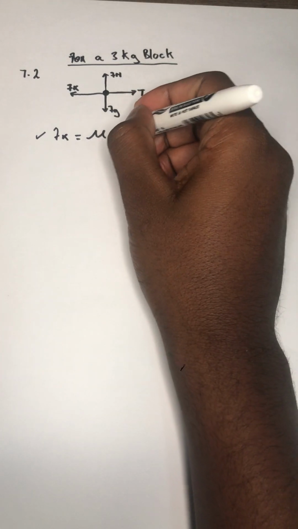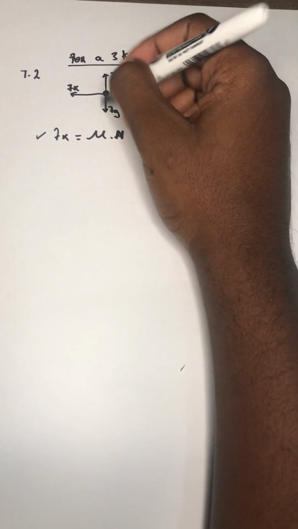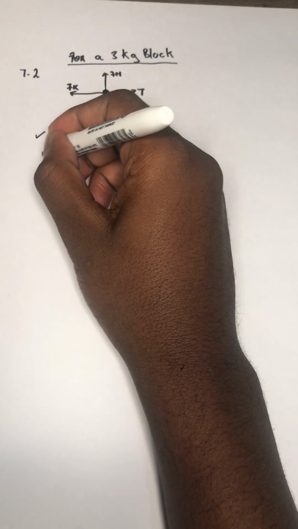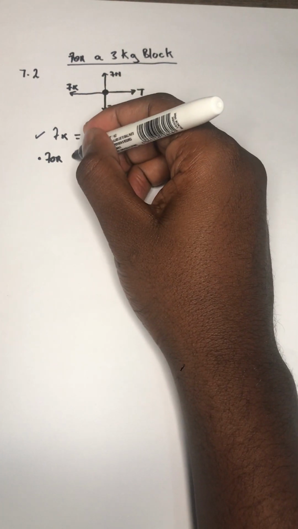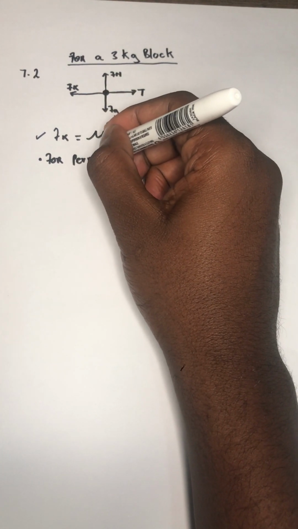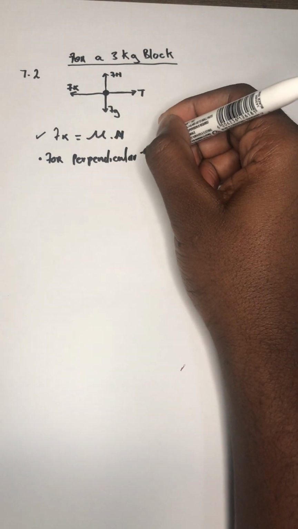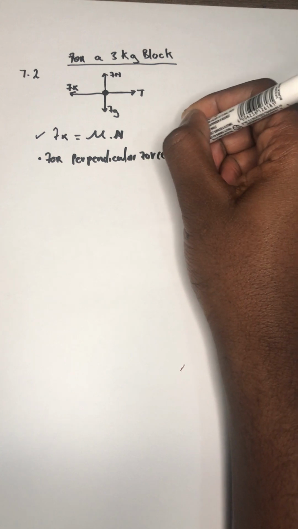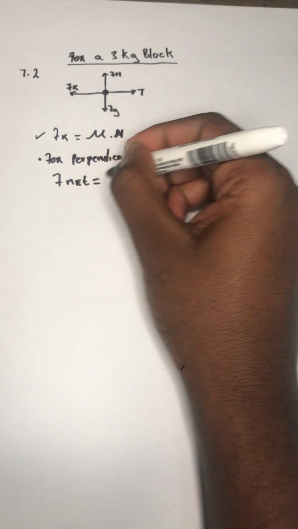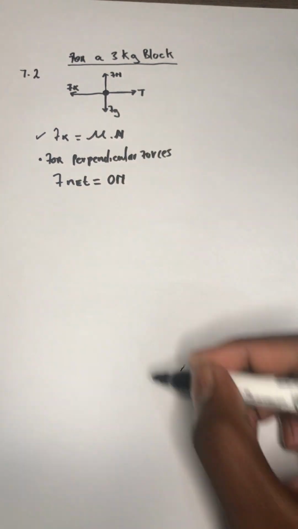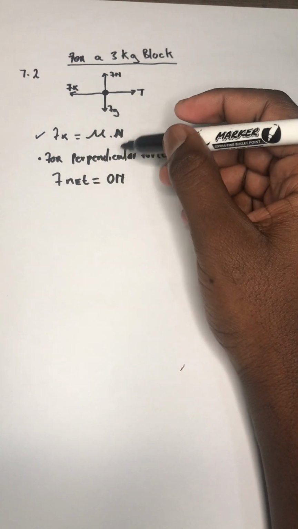How do we calculate the normal force? We are going to use the forces that are perpendicular to the surface. For perpendicular forces, F net is equal to 0 newtons.